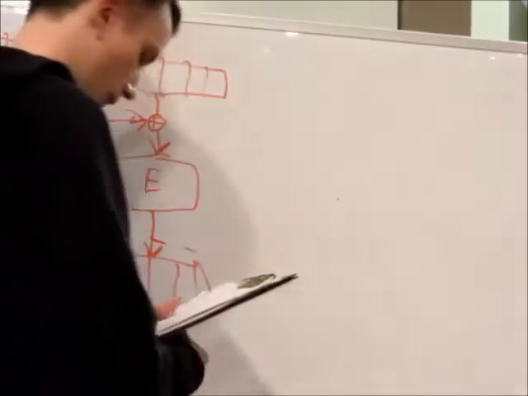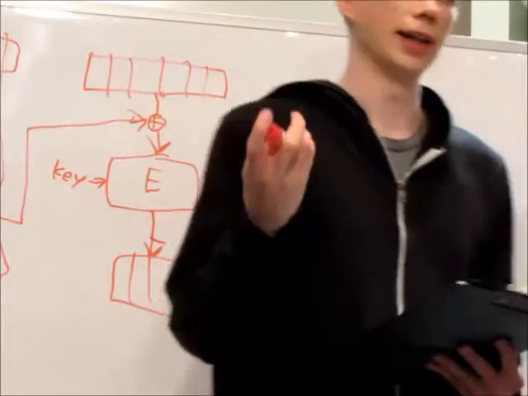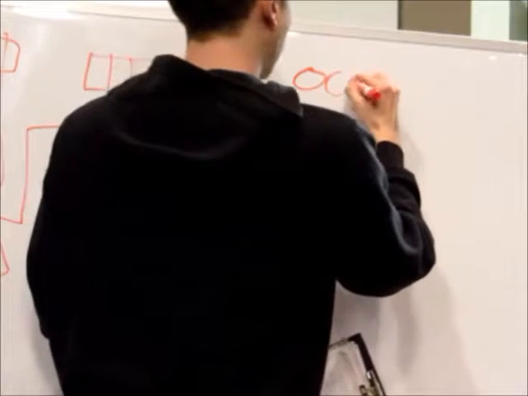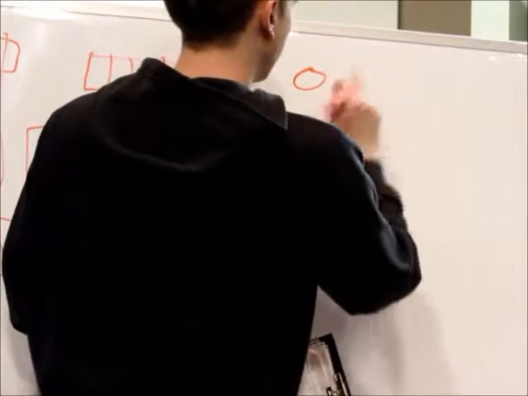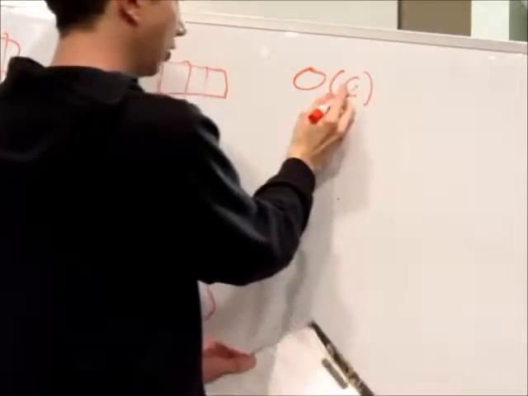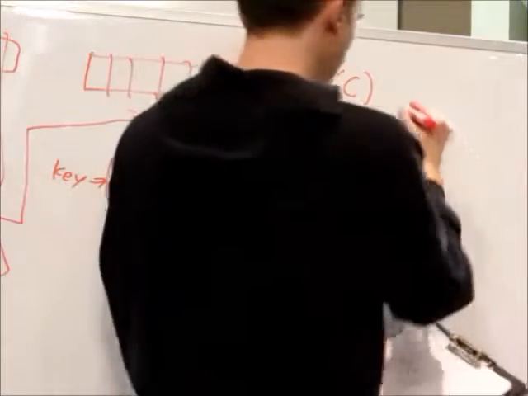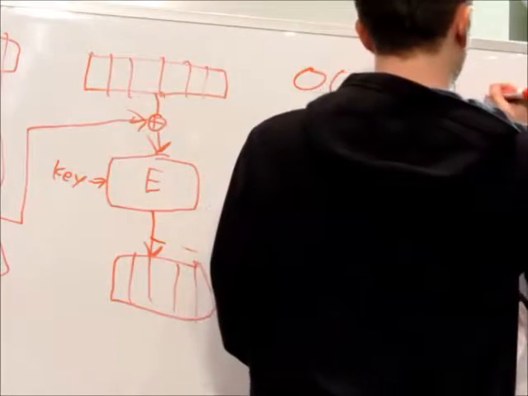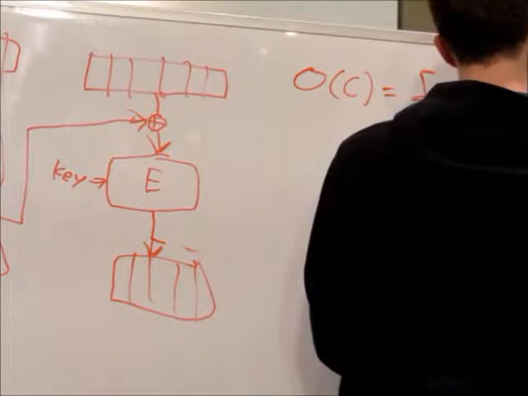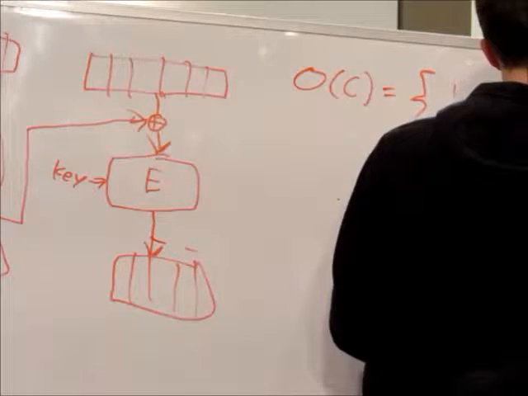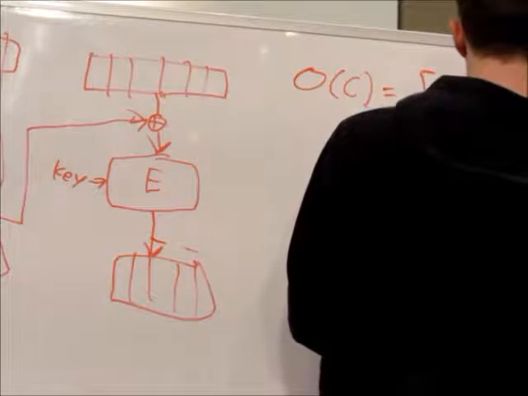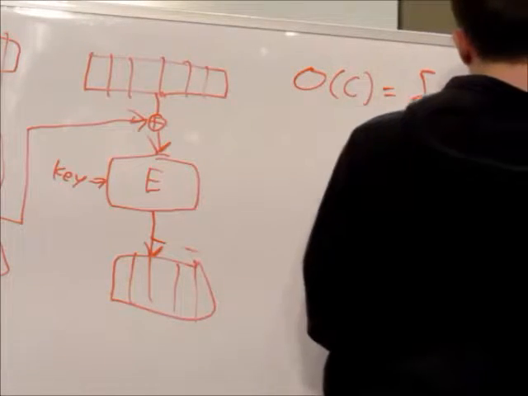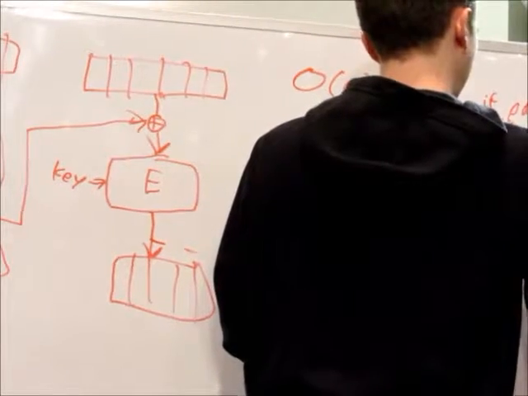So now we're going to define something called a padding oracle. A padding oracle is defined as O of C. So if C is your ciphertext, O of C is equal to 1 if the padding is correct in the decryption, and it's equal to 0 otherwise.